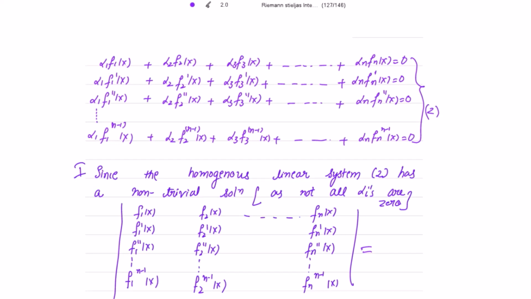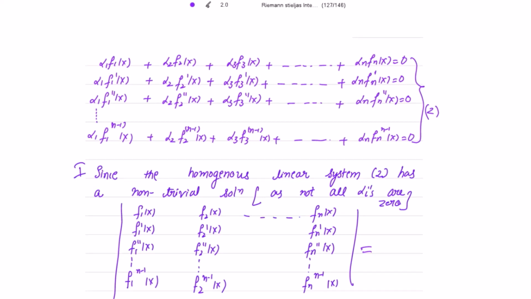Okay, now this homogeneous linear system (2) has a non-trivial solution. Why? Because just now in the remark we have read, we have been given the functions to be linearly dependent. And when the functions are linearly dependent, which means all the alpha i's are not 0, right?